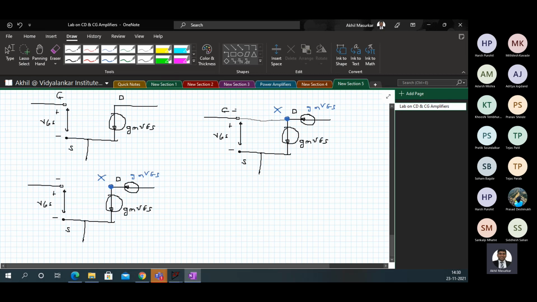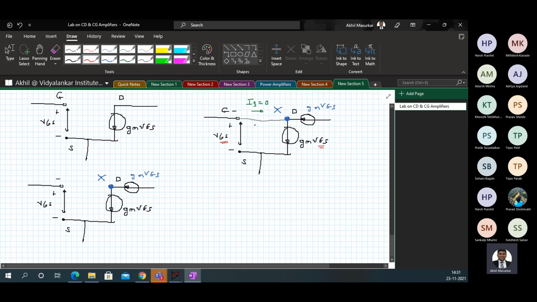So I am joining the gate to the drain, but the current in this branch is always 0. So I will mention here Ig is equal to 0. Now you can see here, this is a voltage controlled current source and the controlling voltage is VGS. So the same VGS is coming across this current source.